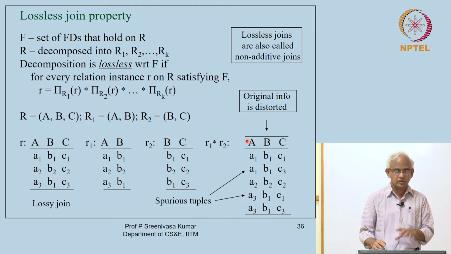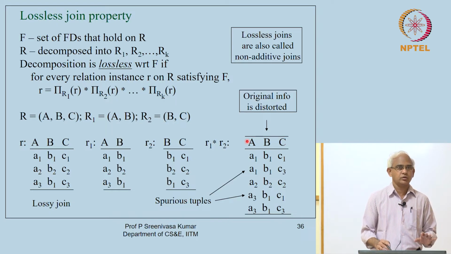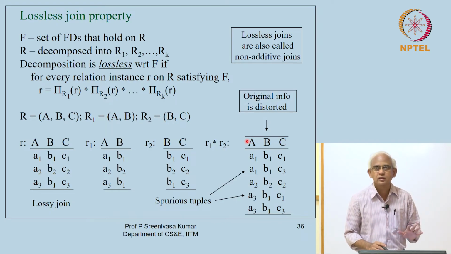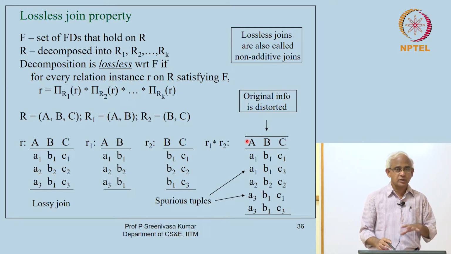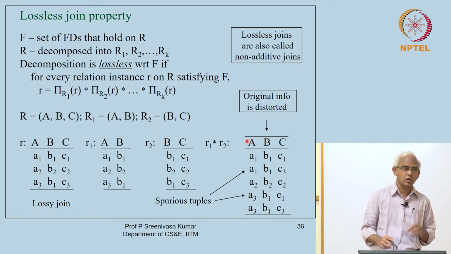So, when you take the decomposed relations, join them, do a natural join, you must get back exactly what is there in R. You should not get additional tuples. If there are additional tuples, then we say that there is actually a loss of information there. So, we call such a decomposition a lossy decomposition.